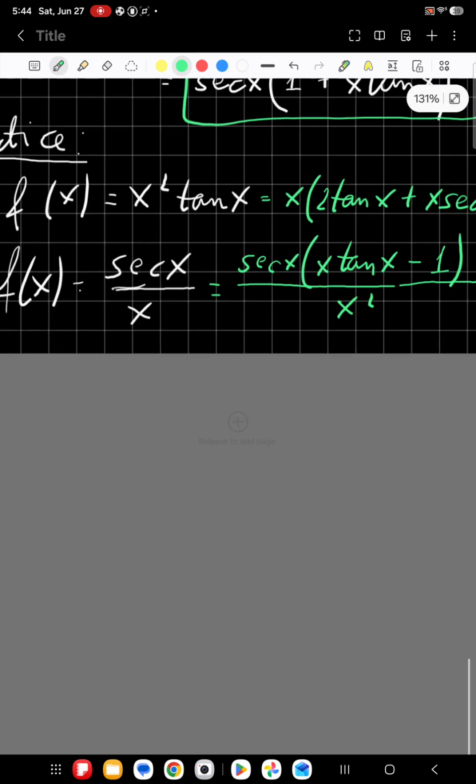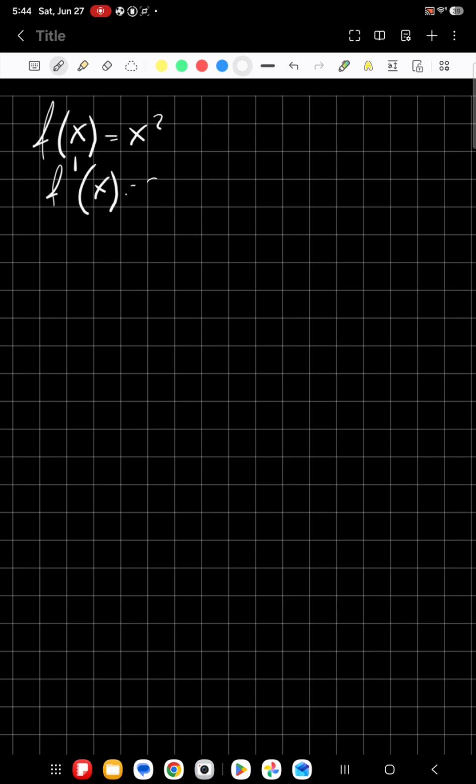Okay, so we've been taking derivatives of various functions. Let me give you just a simple example of what's coming. If f of x is x squared, then f prime of x would be 2x.